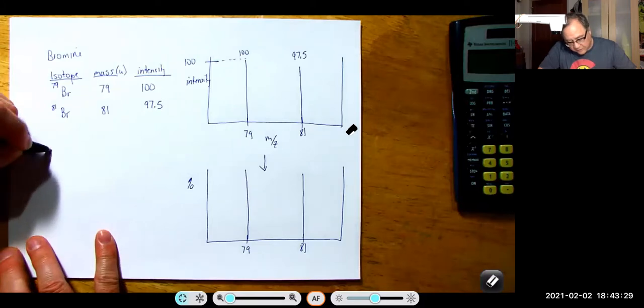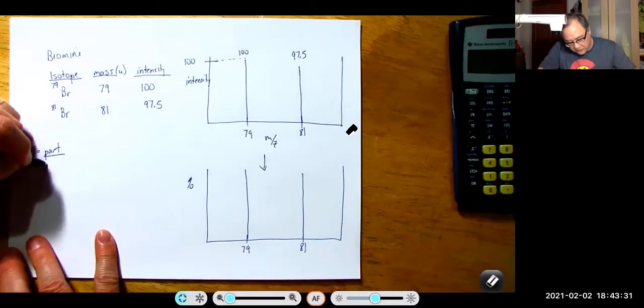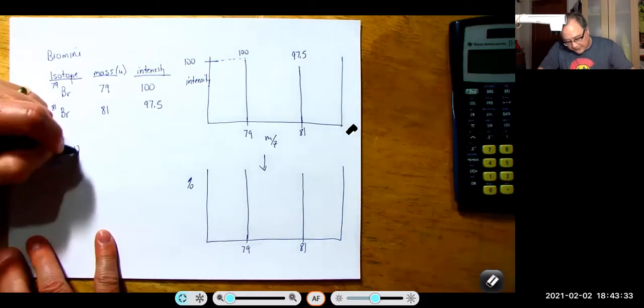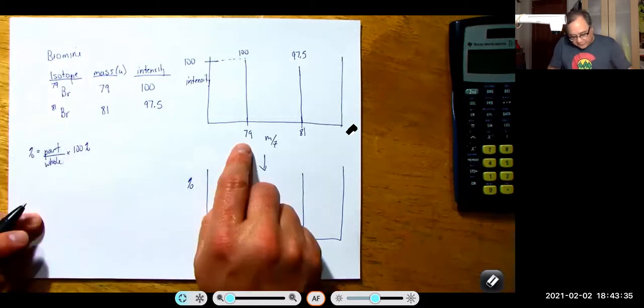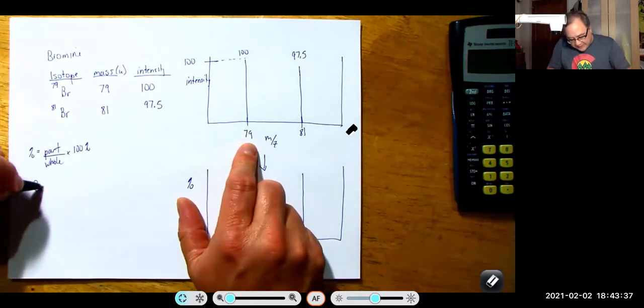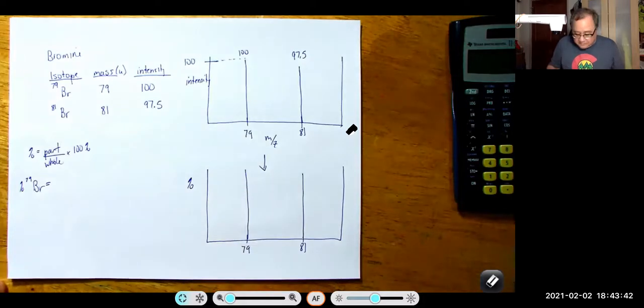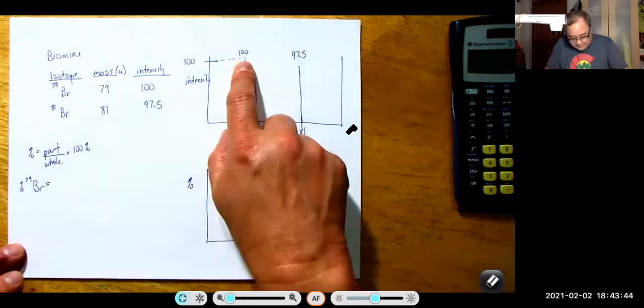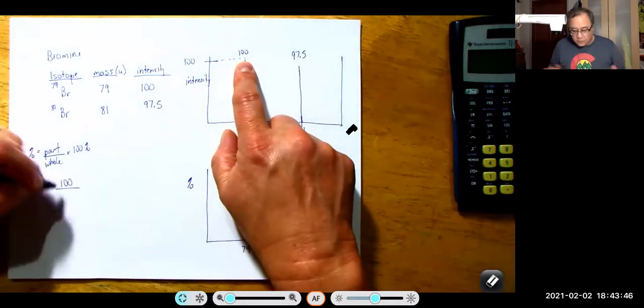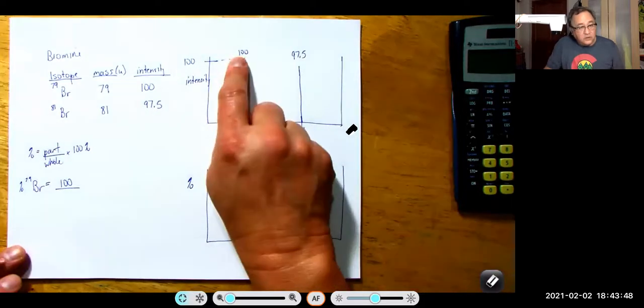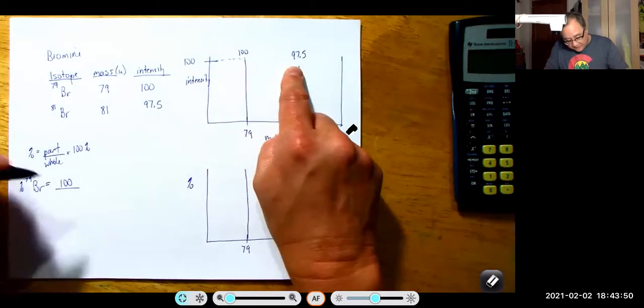Part over whole times 100%. So for this bromine 79, what's the part? 100. What's the whole? 100 plus 97.5.